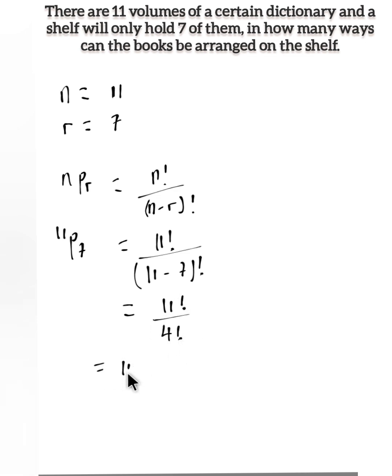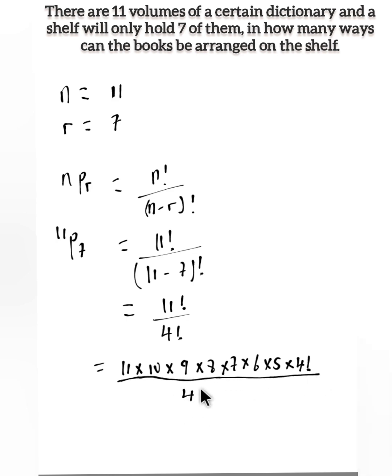It's equal to 11 times 10 times 9 times 8 times 7 times 6 times 5 times 4 factorial. We can stop here because the denominator is 4 factorial, and this implies that 4 factorial will cancel 4 factorial. So we'll be left with 11 times 10 times 9 times 8 times 7 times 6 times 5.